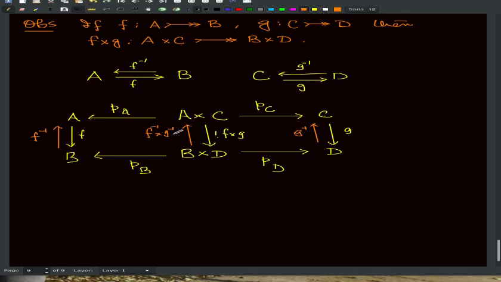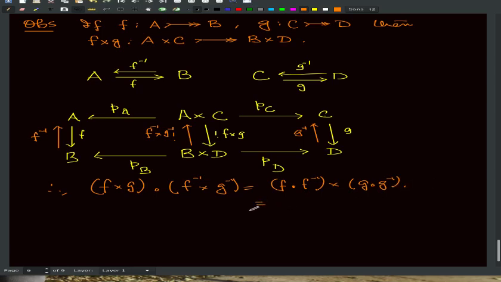Right? And hence, therefore, F cross G, or we also did something similar. F cross F inverse is identity of B cross identity of D, which is identity of D cross D, and similarly.